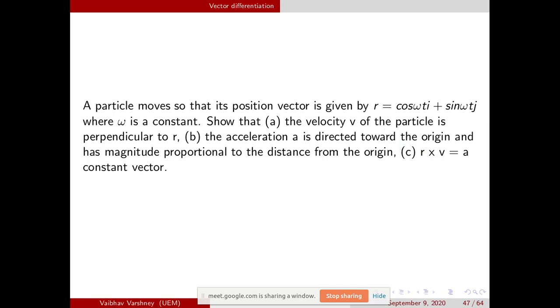The minus sign denotes that A has the opposite sign compared to r. If r is outward, then A is inward, because the r vector is usually outward from the origin. So the acceleration is inward. Both parts are done: the acceleration A is directed towards the origin and has a magnitude proportional to the distance from the origin. So this is clear to all.